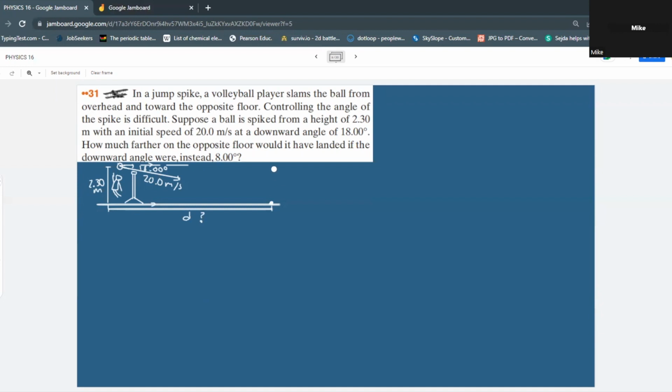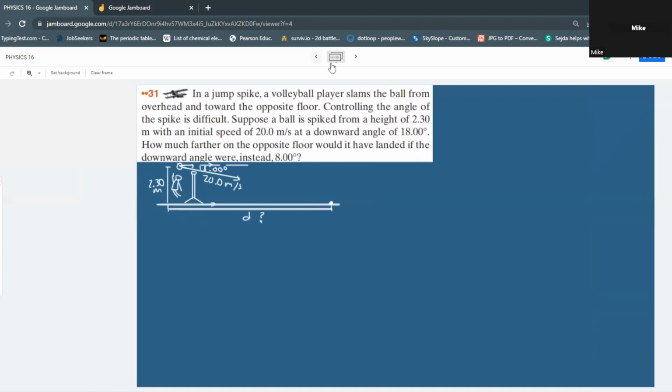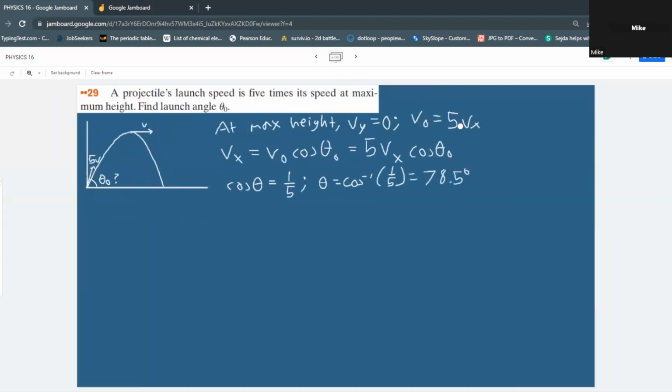Balik tayo, let's check. So, V sub x is V sub 0 cosine theta. Tapos, at maximum height, that's also equal to V sub 0 over 5.